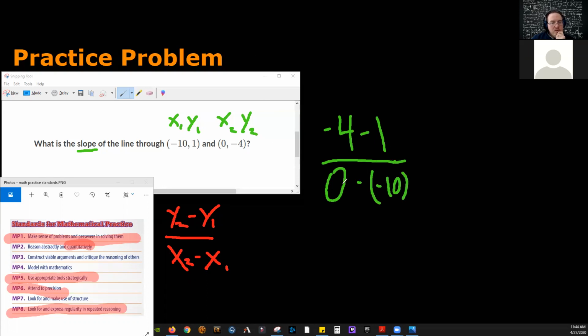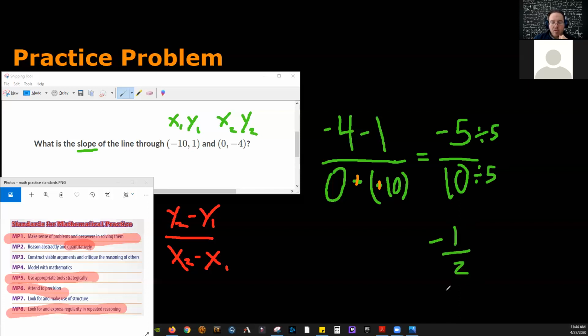So 0 minus -10 on bottom and -4 minus 1 on top. -4 minus 1 is -5. 0 minus -10, again, subtracting negative numbers: think of it as the opposite of subtracting 10 is adding 10. Therefore, 0 minus a -10 is just 10. And that simplifies, if you divide them both by 5, to -1/2.